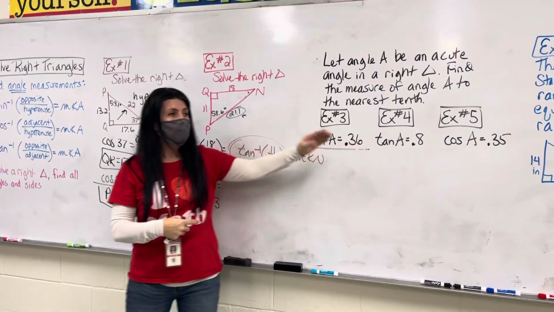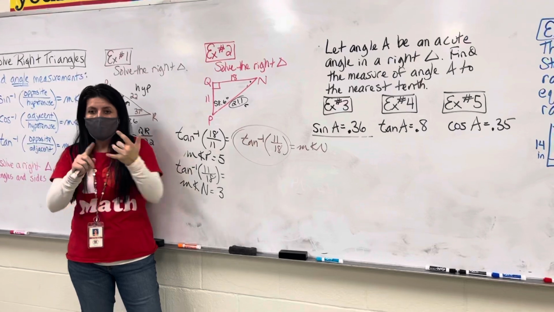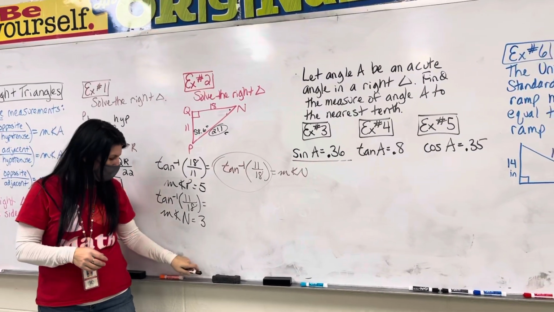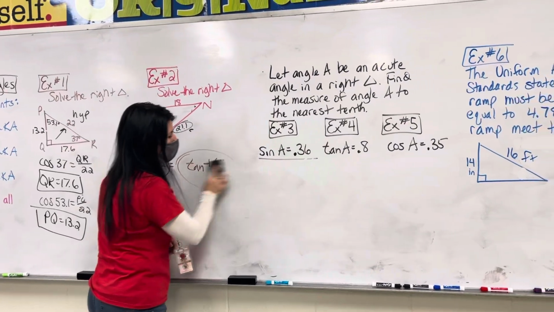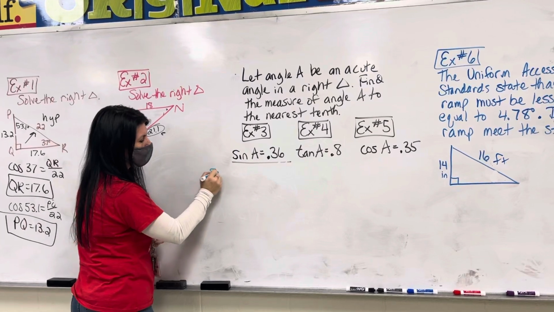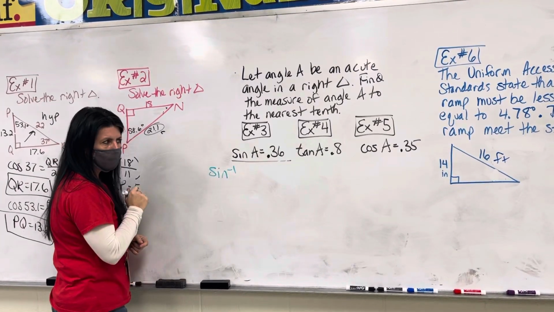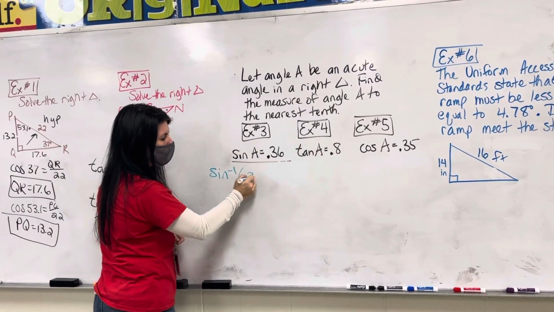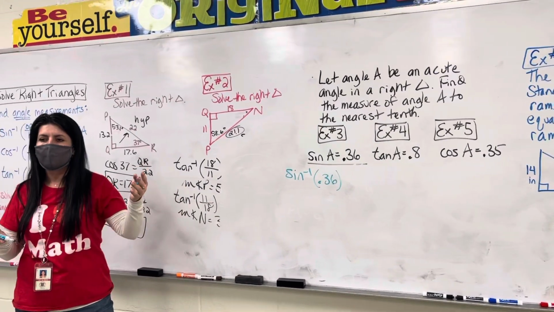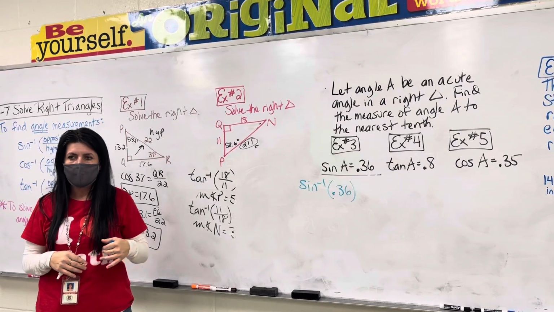So these problems are actually easier than these problems. They already picked the ratio for you. You just have to use the inverse to work backwards. So let's set this up then. This is an inverse sine, because that's what they tell us. And we already know the relationship is 0.36. I'm not needing to be given those two side lengths. They already divided them out and got 0.36.